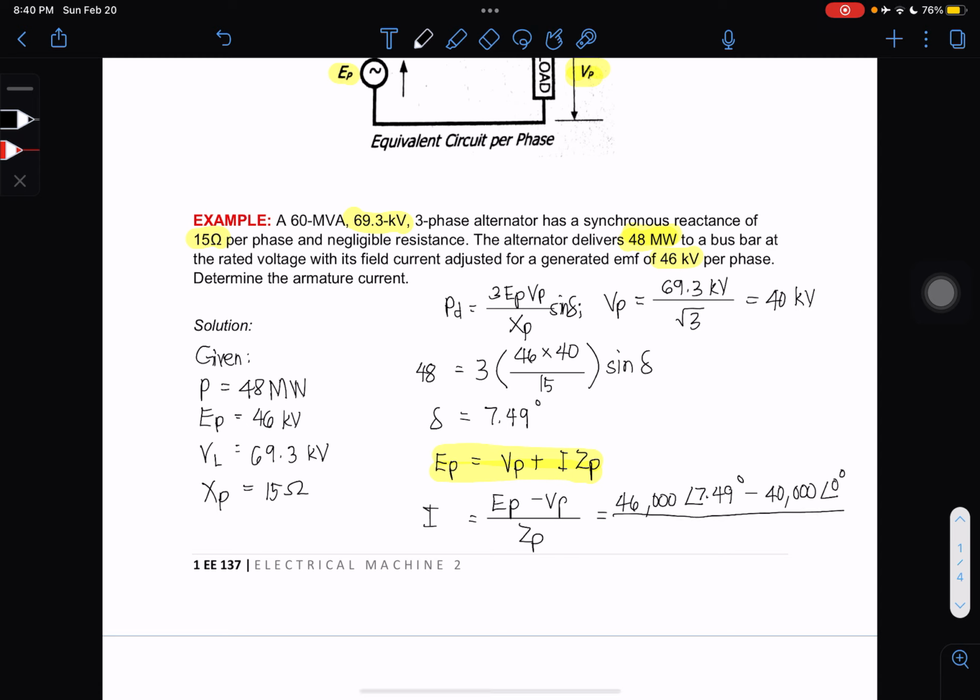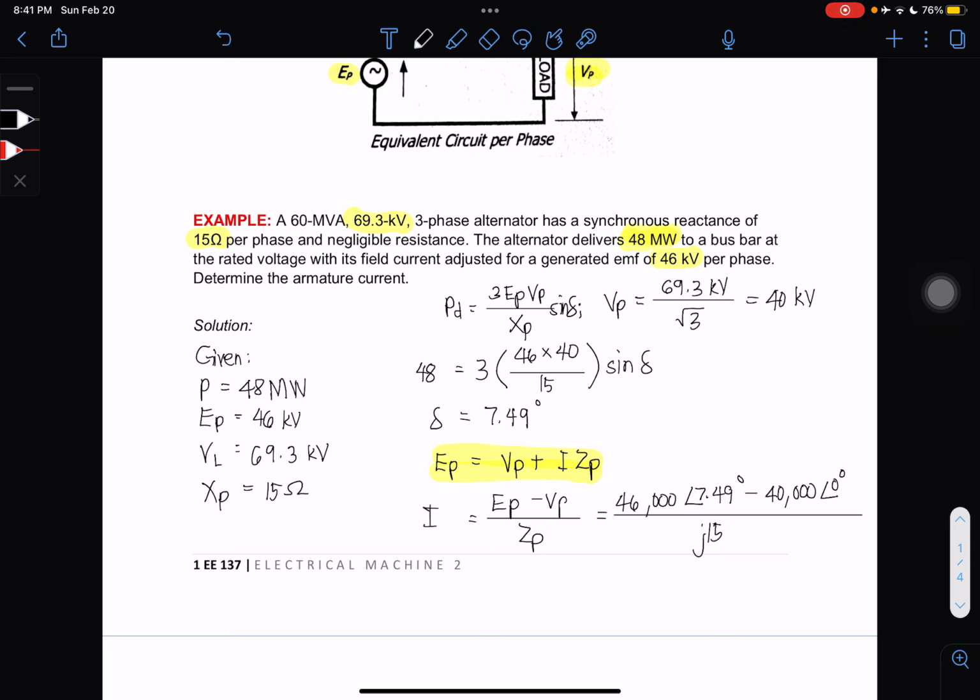Divided by, so our synchronous reactance is 15. So therefore, we have J 15. So pwede na nato ma-solve ang atuang armature current.